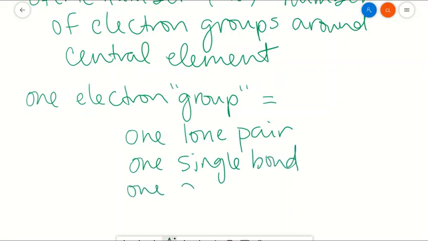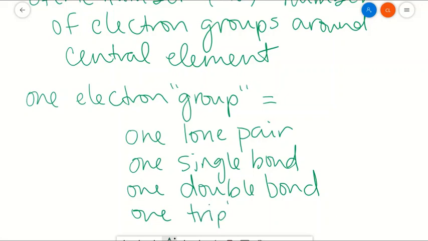And in this case, it could be a single bond, a double bond, or a triple bond, and those will all count as a single group. So even though a triple bond is 3 bonds or a total of 6 electrons, it is going to be physically restricted in space. So it still just counts as one group.